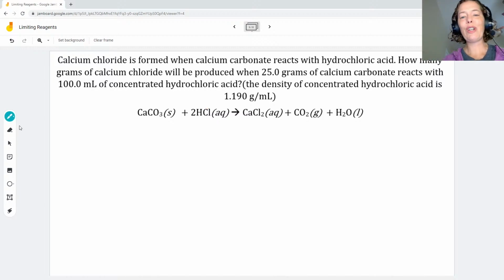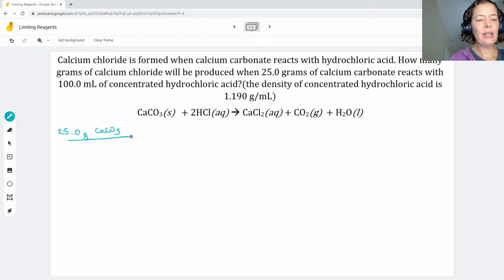Let's do the easy one first. Let's do the 25 grams of calcium carbonate. So I have 25.0 grams of calcium carbonate, and using the molar mass, which is 100.0869 per 1 mole of calcium carbonate.